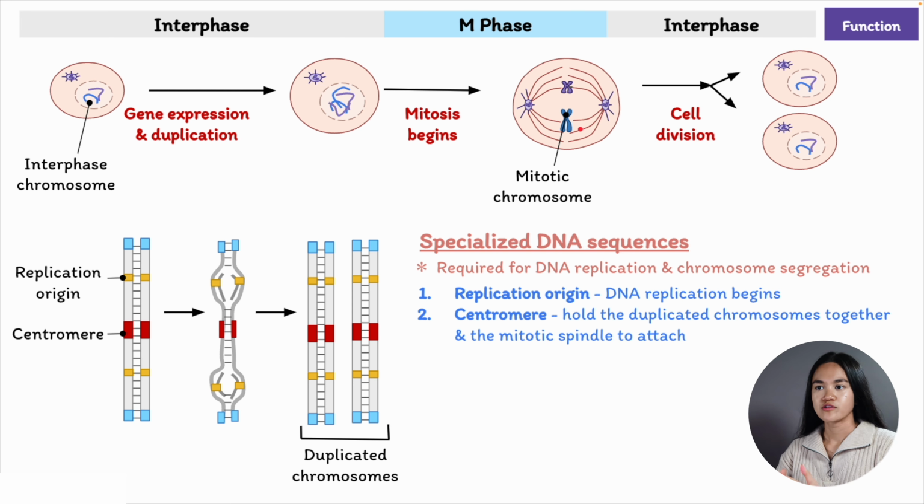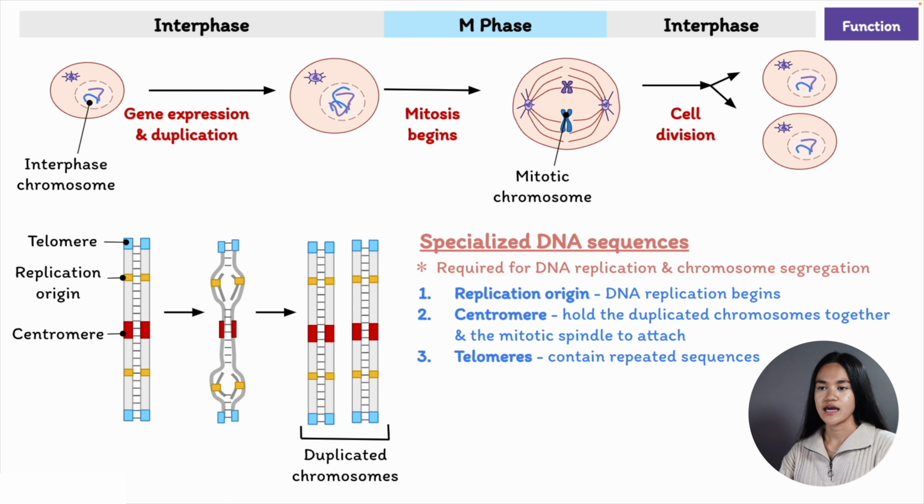How are the duplicated chromosomes attached to the centromere? A protein complex called a kinetochore forms at the centromere, okay? And it attaches the duplicated chromosomes to the mitotic spindle, allowing them to be pulled apart. Now, the third specialized DNA sequence forms the ends of a chromosome, called telomeres.